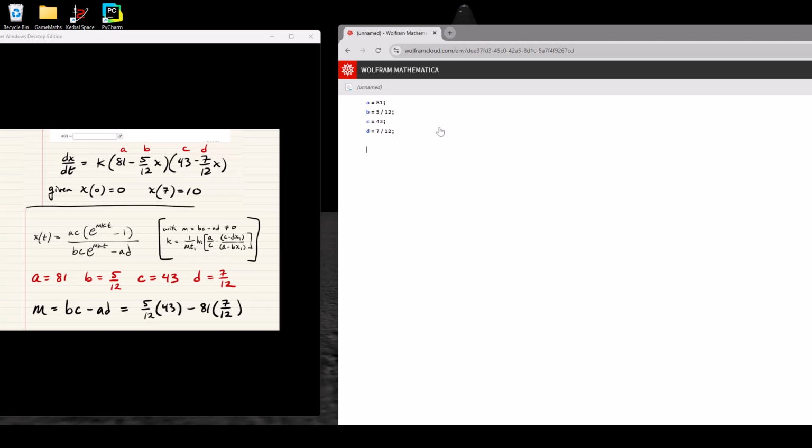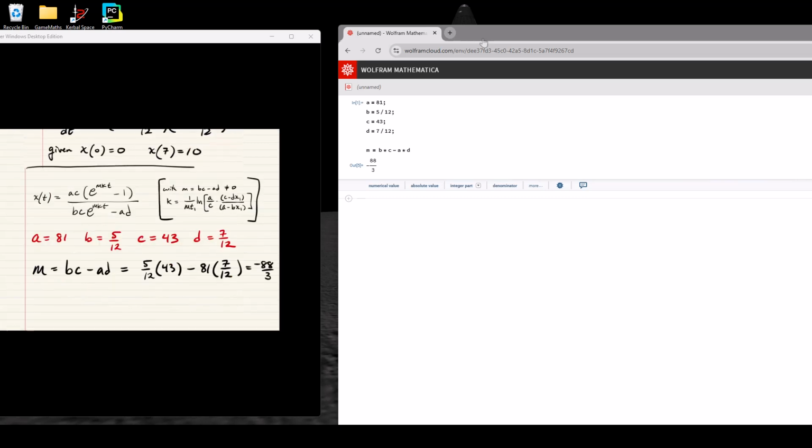So then I have C equal 43, and I've got D equal 7 over 12. And the first thing I want to compute is M, which is, let's say M it is B times C minus A times D. But this one I would like to output. So I'll hit Shift Enter, and I get negative 88 over 3 to have an exact value.